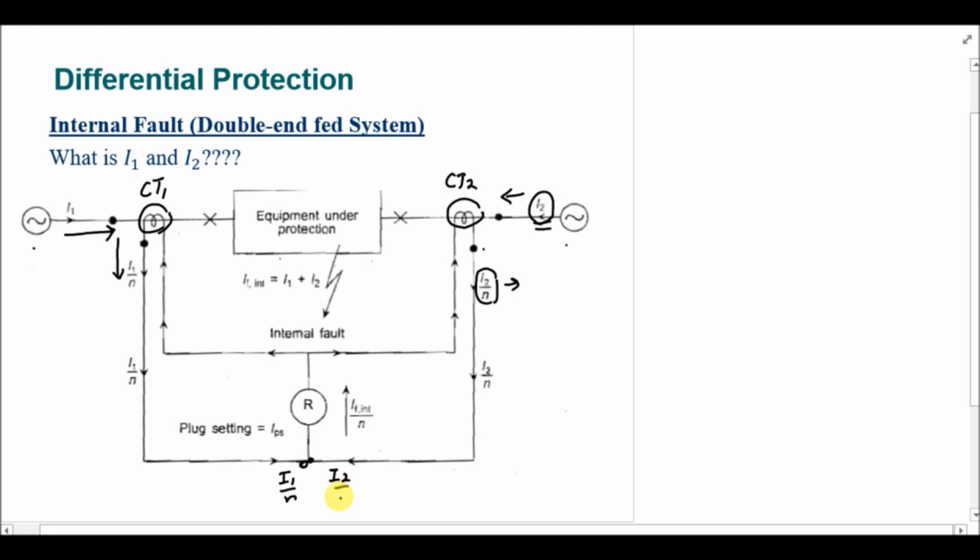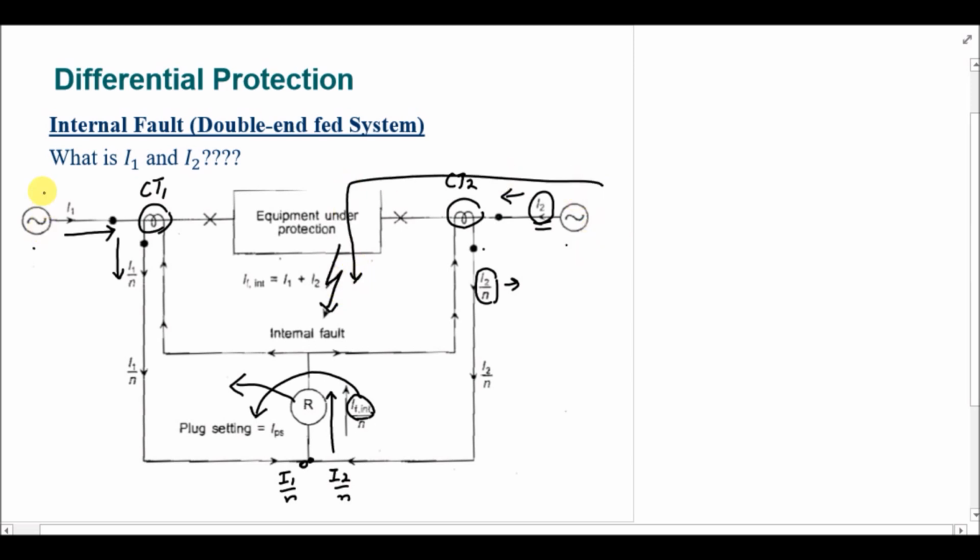coming to this node, and the summation of these two currents will be flowing through the relay, that is actually the fault current, and that will be greater than the plug setting of the relay, which is a simple instantaneous overcurrent relay. So if we have a fault in the system or in the equipment for which we are providing the protection, the current will be fed from both sides.